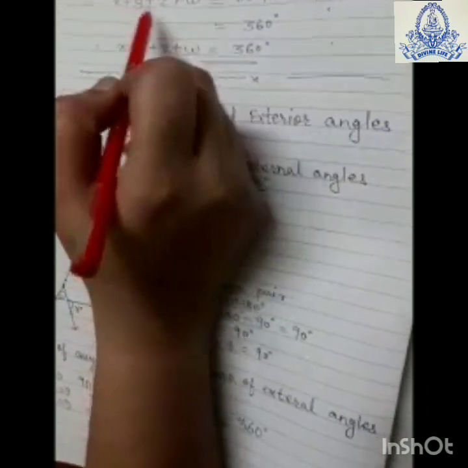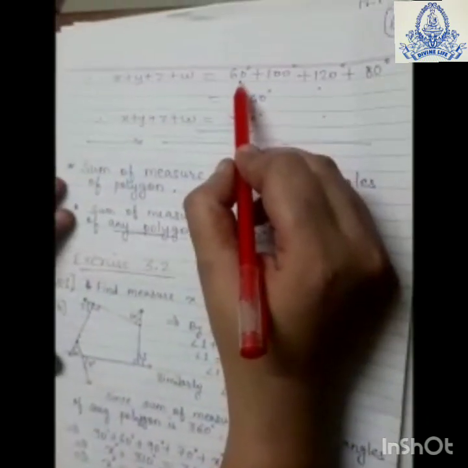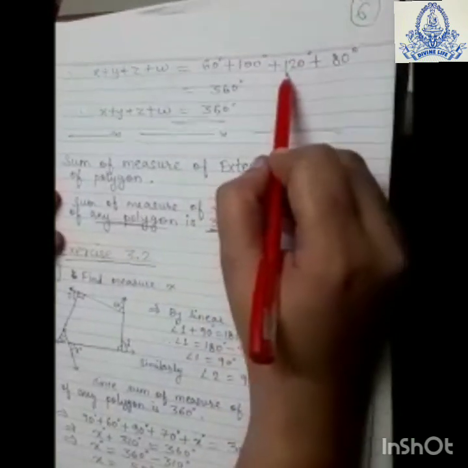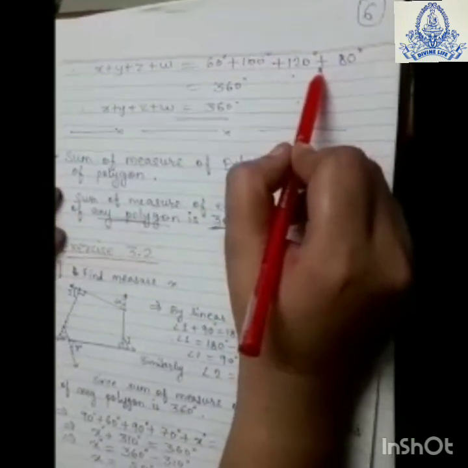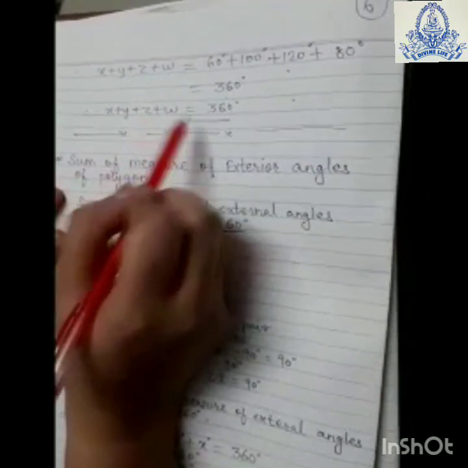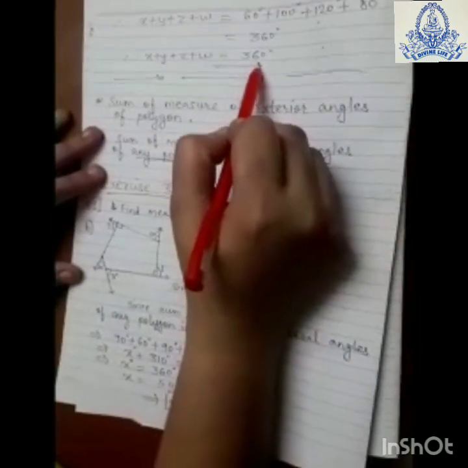So next, what we have to find? x plus y plus z plus w is equal to x is 60 plus y is 100 plus z is 120 plus w is 80, that is 360 degrees. So the sum of all the exterior angles is 360 degrees.